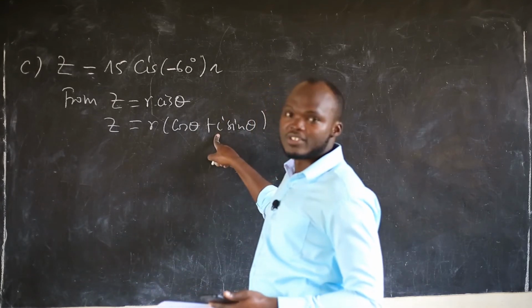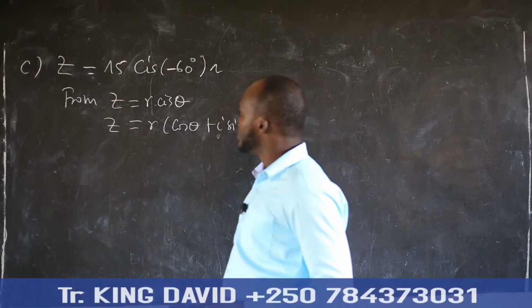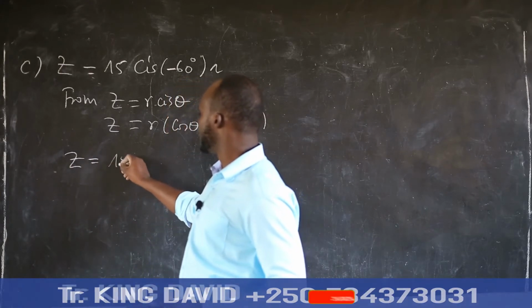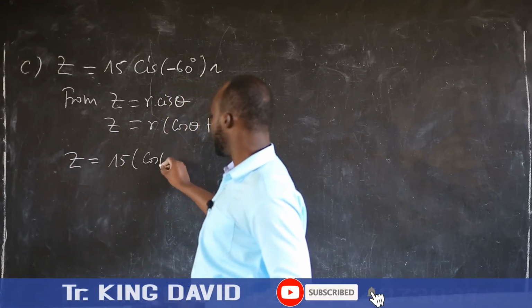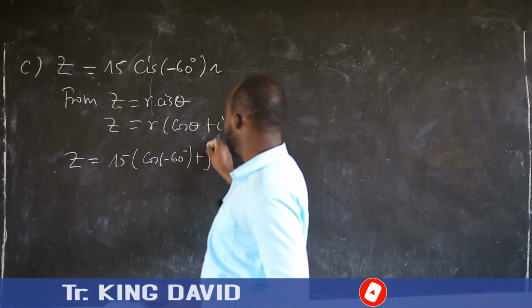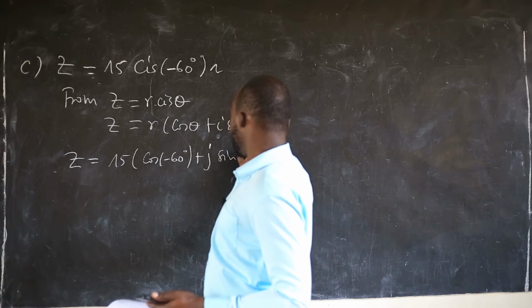But now we are not using i, we are using j. So our impedance now is 15 into bracket cos of negative 60 degrees plus j sine of negative 60.